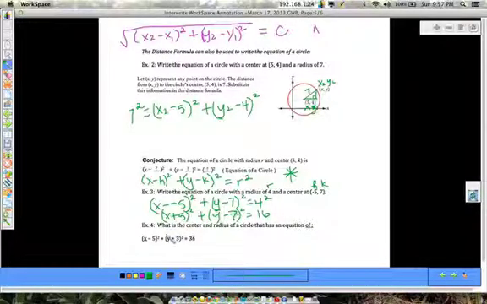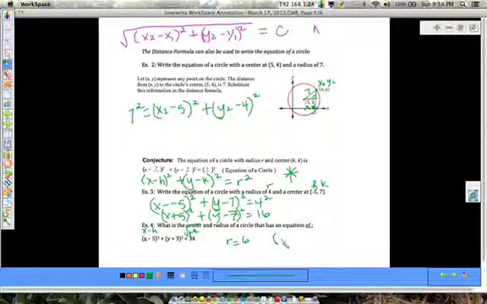Then finally, example 4: what's the center and radius of a circle that has this equation? Keep in mind our formula is x minus h squared plus y minus k squared equals the radius squared. So this is my radius squared. If this is radius squared, then my radius must equal the square root of 36, which is 6. Then this is x minus h, so h is negative 5.